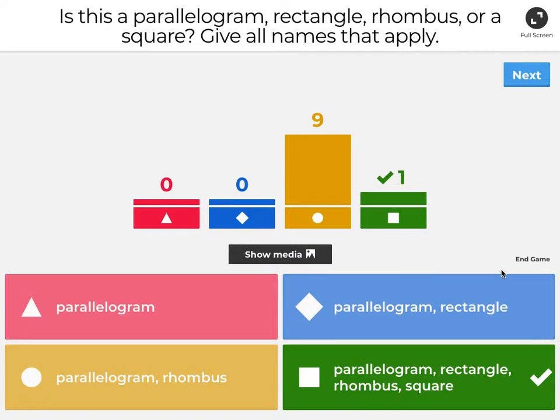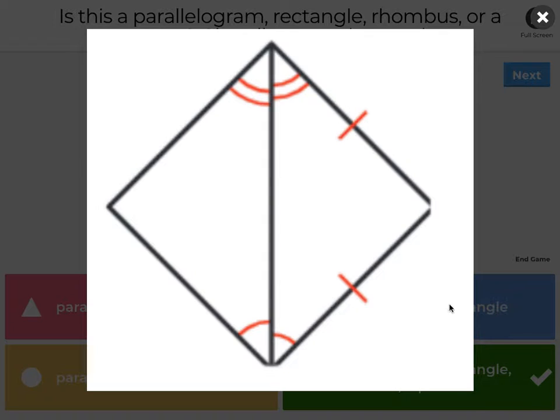But it could also be a square as well, depending upon what I would have to know about the interior angles in order for it to be a square. Guys, what would I have to know about these angles in order to say that it must be a square? They'd all have to be right angles. I don't know that for sure. So I put on there that it was a square, but that's wrong.